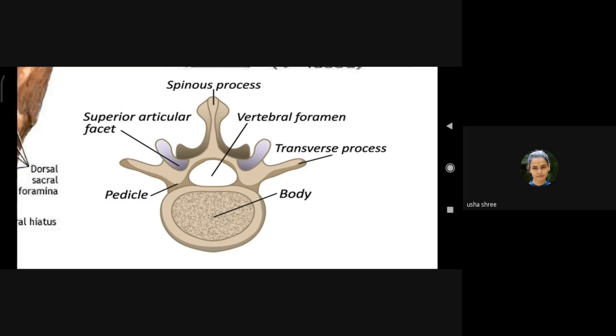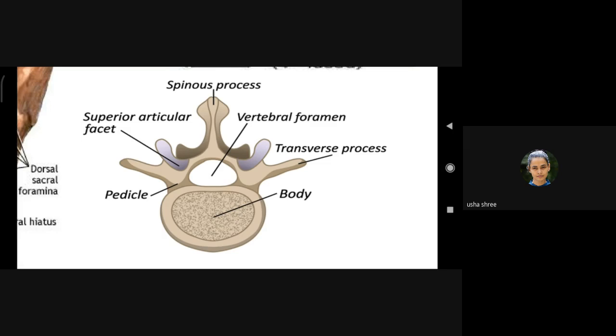Are you guys getting a clear concept of spinal cord and spinal column? Yes, ma'am. This hollow portion is known as the vertebral foramen. These are anatomical terms.